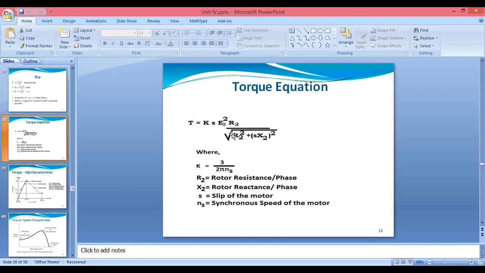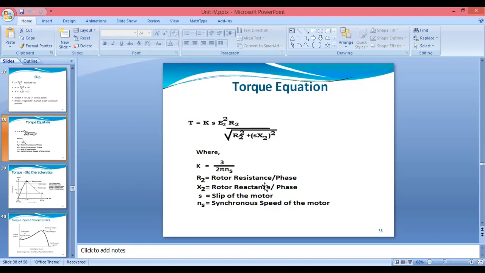How are we writing it here? Torque equal to the constant term K into E2 square, this is nothing but the induced EMF, into R2 upon the square root of R2 square plus (S X2) whole square. I have given here which term is called what. S is the slip, and Ns is the synchronous speed of the motor, which we measure in seconds.